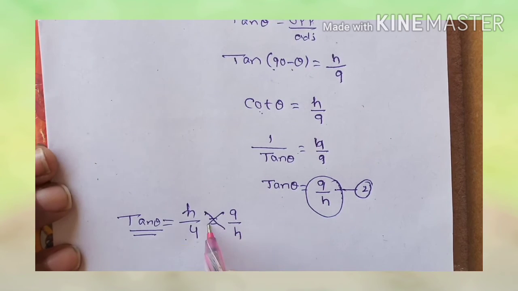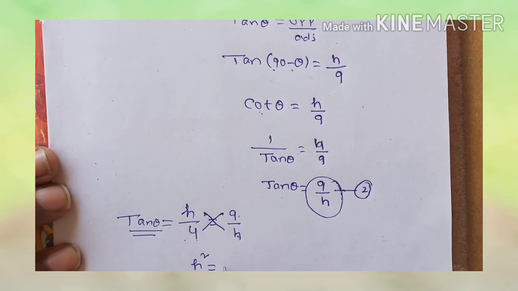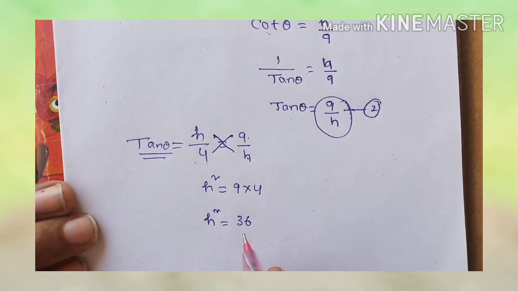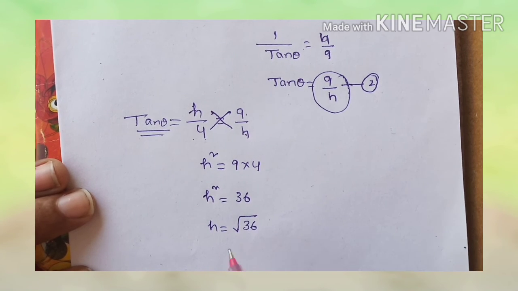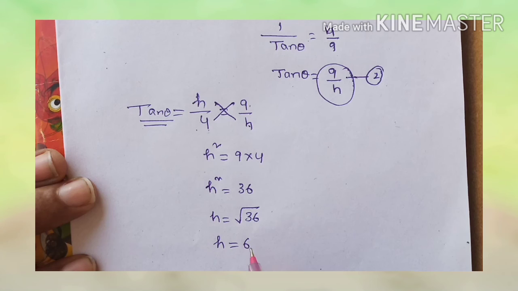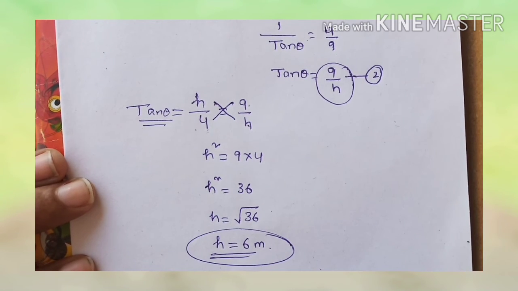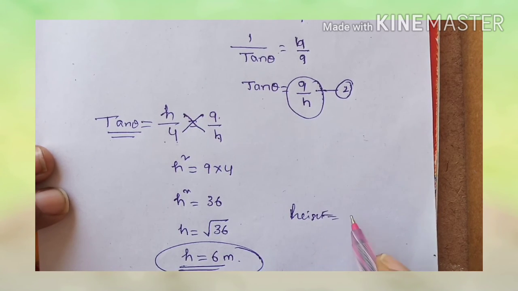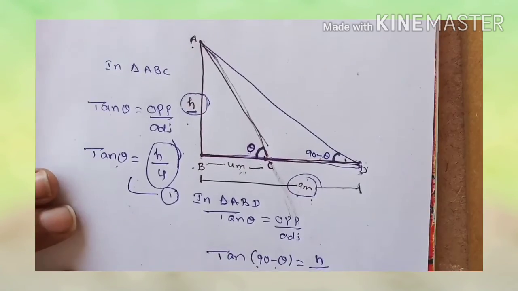Apply cross multiplication. h into h is equal to h square, 4 into 9 or 9 into 4. Right? Now the value of h square is equal to 9 fours are 36. Then the value of h is equal to root 36, so h is equal to 6 meters. Here h means the height of the tower. Therefore the height of the tower is how many meters? 6 meters. Is the problem clear?